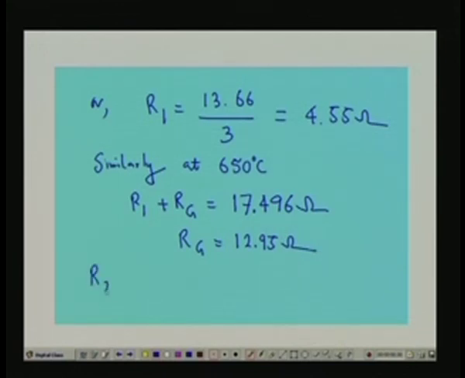So R2 will become 405 ohm minus R1 plus Rg, which is equal to 387.5 ohm.